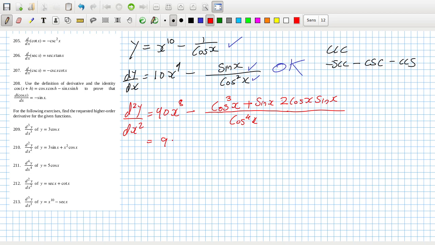So that's 90x power 8 minus 1 over cos x. And then, oh, what is going wrong? Plus 2 sine squared. And then cos cubed.